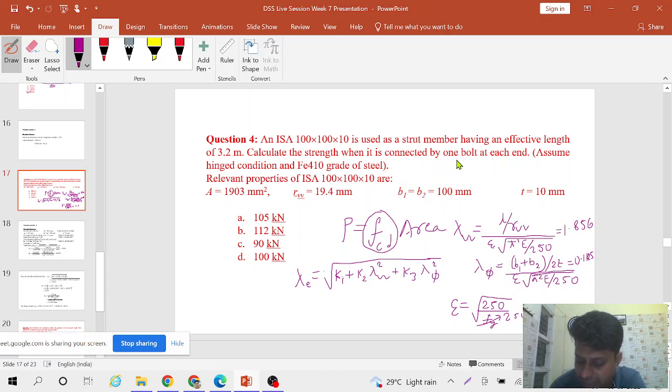Wait a minute, let me check. So K1 is equal to 1.25, K2, and K3, 60.